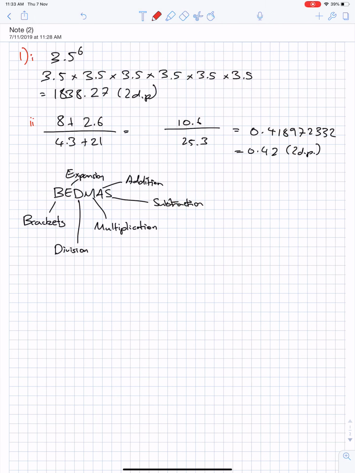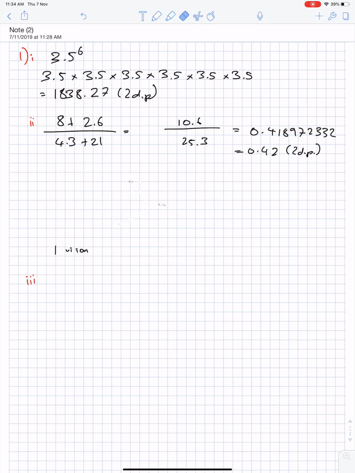Okay, moving on to the next one. I'll just take this out because you don't really need BEDMAS for this. And number 3 is 2.7 times 10 to the power of 3, squared.